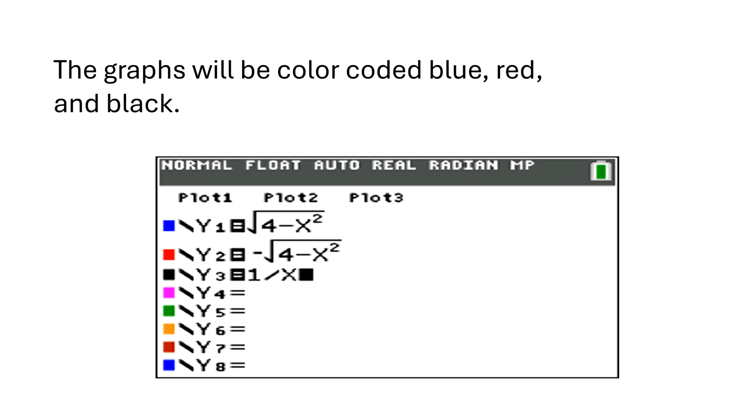So here's what your screen should look like. You have the three functions loaded. The top one will graph blue, the second one will graph red, the third one will graph black. If you don't have the Plus CE, you may be getting all black graphs, which is fine, as long as you can keep track of which one is which.